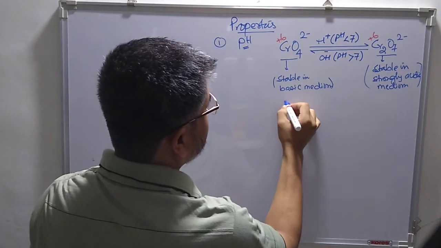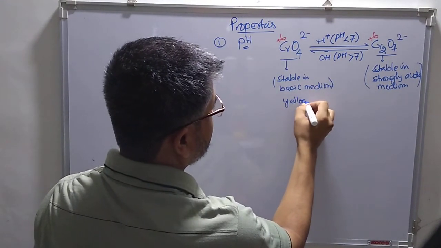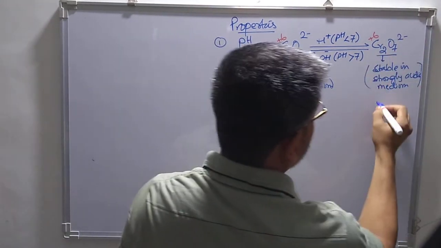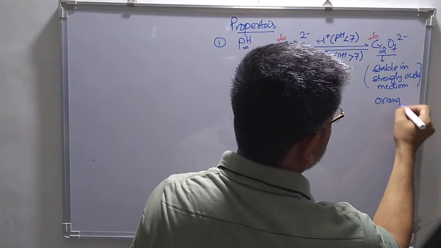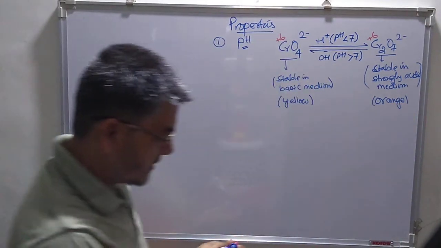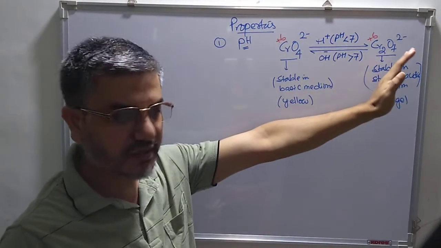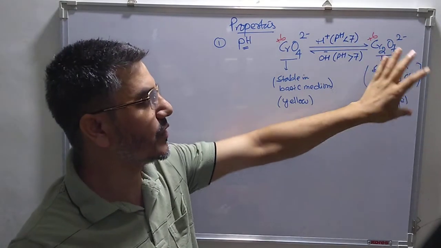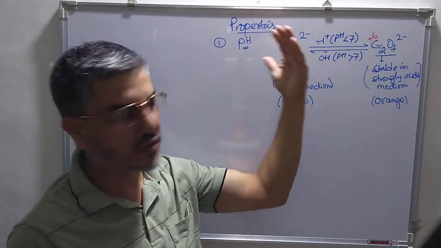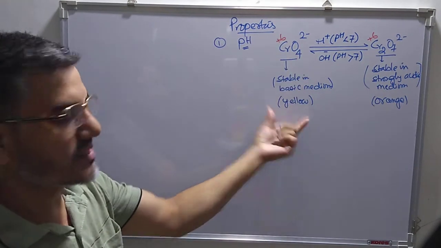The chromate ion is yellow in color, the dichromate ion is orange in color. So in acidic medium, the yellow chromate ion changes to dichromate, and in basic medium, the orange dichromate changes to chromate ion, which is yellow.